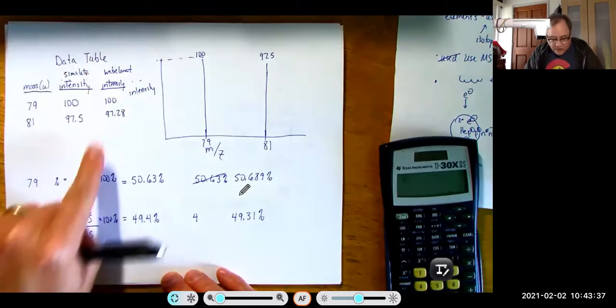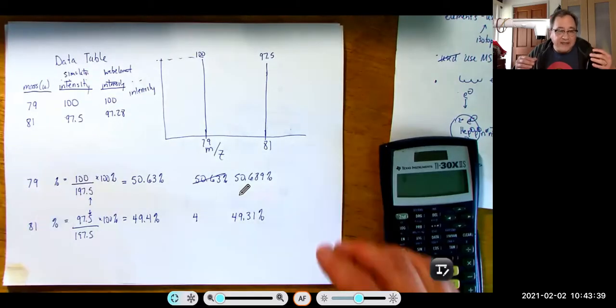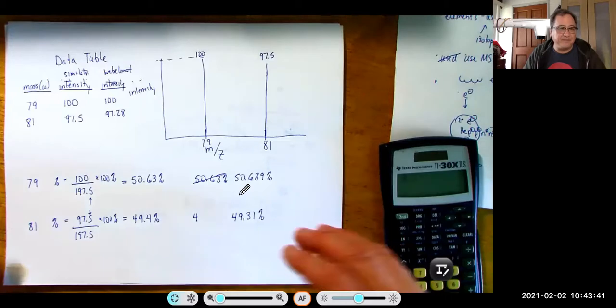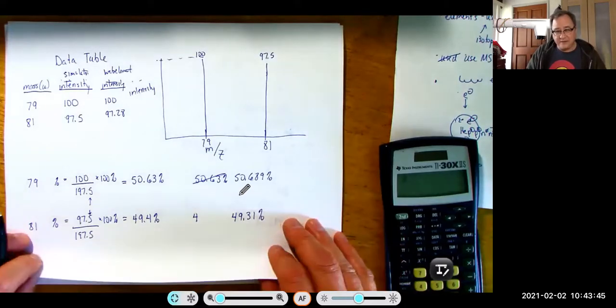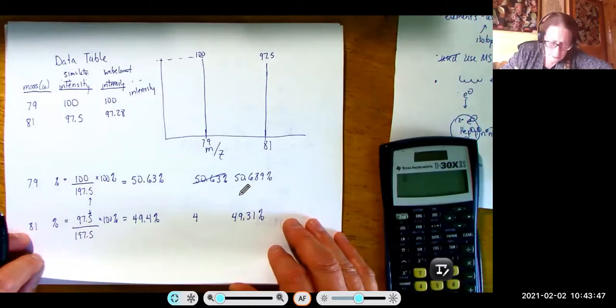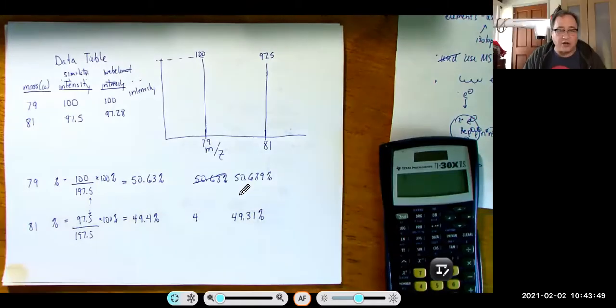That's why they don't come out to be the same. Are you with me there? Yes. So my comment would say, they're really darn close. The reason they're not precisely the same is because the intensity of the 81 peak differed slightly. And you're done with step one.